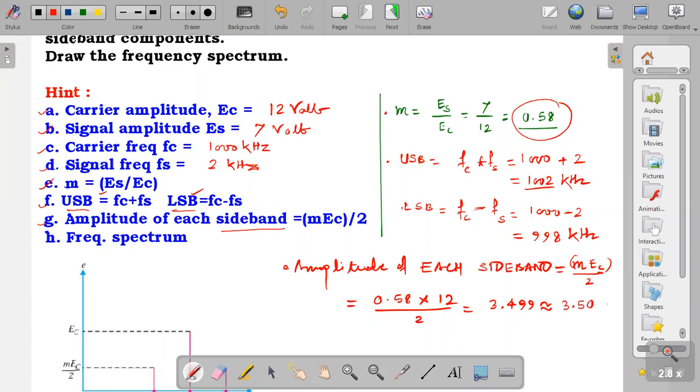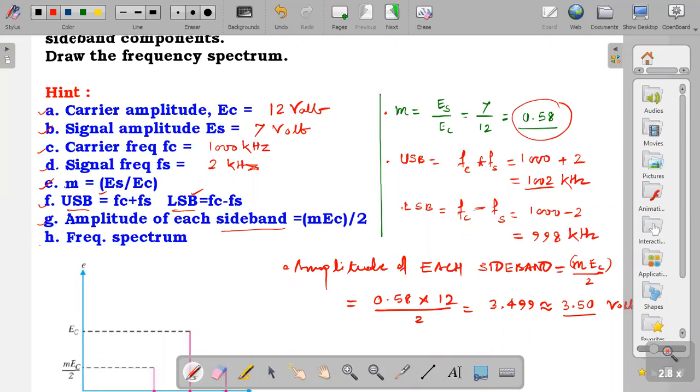And what is the unit? Unit is volts. That means the amplitude of the upper side band is 3.5, as well as the amplitude of the lower side band is 3.5. Is it correct? Yes, sir. So we can calculate G from the knowledge of modulation factor and Ec.